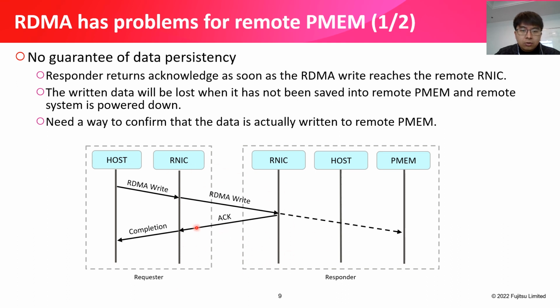The responder returns an acknowledgment as soon as the RDMA write reaches the remote RNIC. The written data will be lost when it has not been saved into remote PMEM and the remote system is powered down. For data persistency, we need a way to confirm that the data is actually written to remote PMEM.